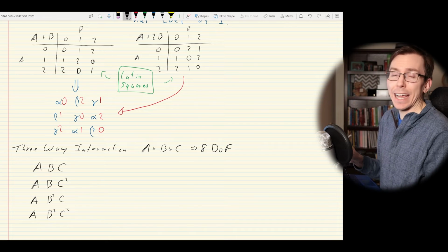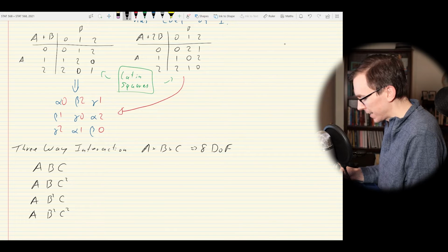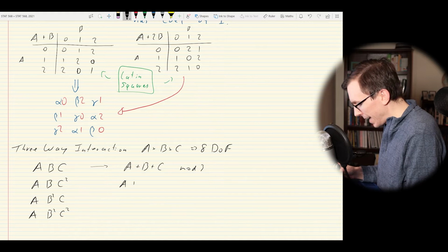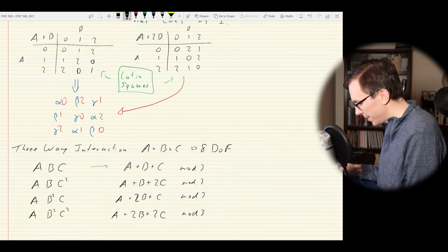Each of these is basically shorthand notation for modular arithmetic, which is to say that we have A plus B plus C mod 3, A plus B plus 2C mod 3, A plus 2B plus C mod 3, and A plus 2B plus 2C mod 3.